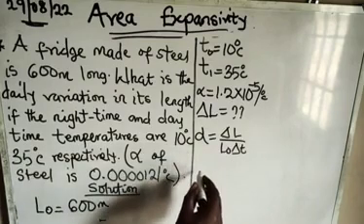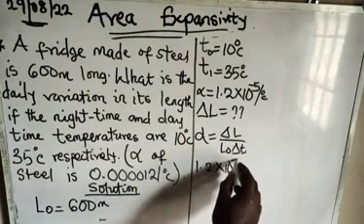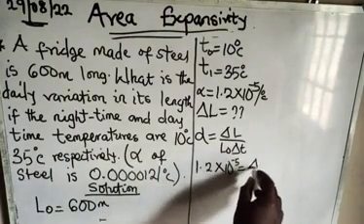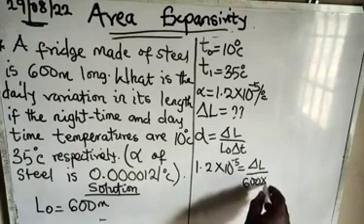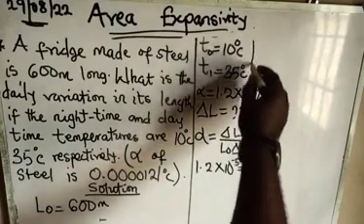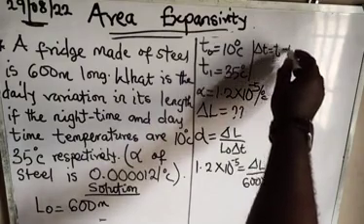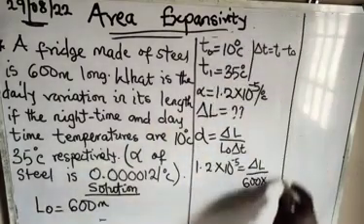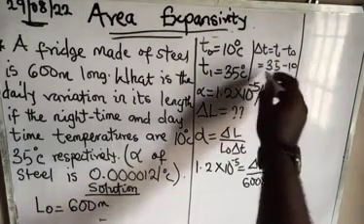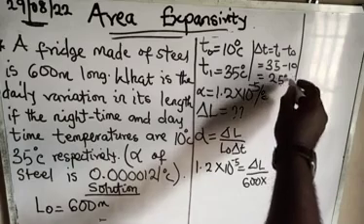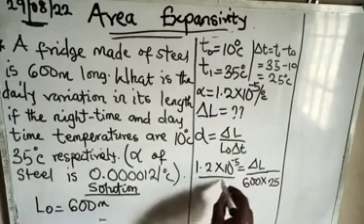Alpha was 1.2 times 10 to the power of negative 5. What's my change in length? Unknown. Original length is 600. Change in temperature, did I solve for it? No. The change in temperature is T1 minus T0, which is 35 minus 10, giving 25 degrees Celsius. And call this one all over 1.